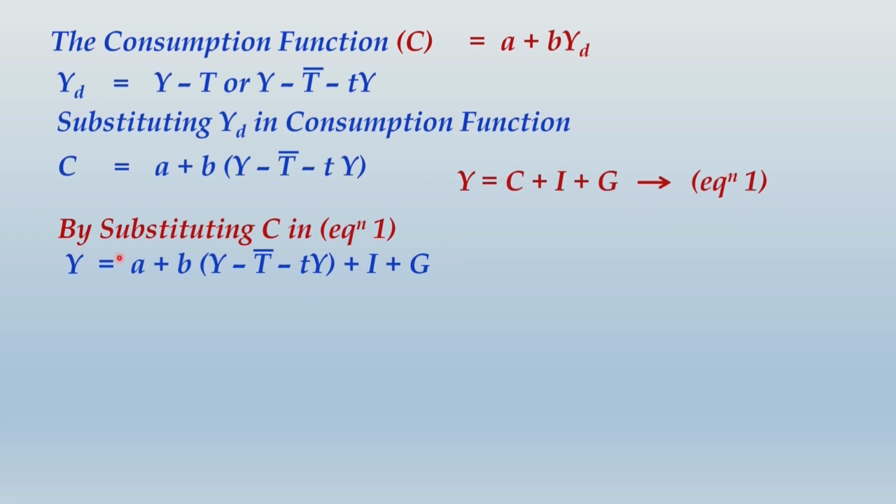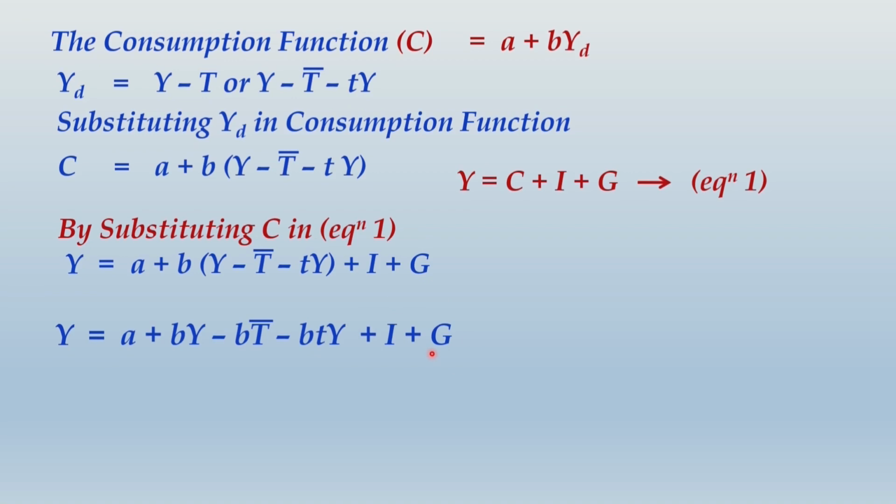This C has been substituted for this whole term, and now when we open the brackets, A remains A, B into Y gives BY, B into minus T bar gives minus B T bar, and B into minus tY gives minus BtY, and plus I and plus G remain as it is.